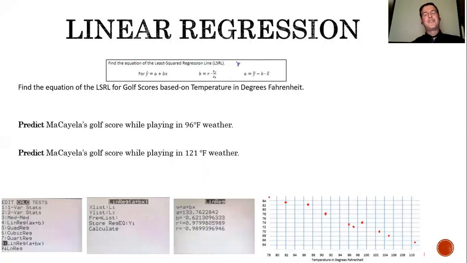Because here is a shorter way of doing it. This is the official formulaic way of doing it. However, here's a small shortcut. I will still have to write y hat is equal to a, whatever that is, plus b, whatever that is, times x, and I'll still have to describe what x is equal to and y hat is equal to. But here's a way that you could do it that's a little bit shorter.